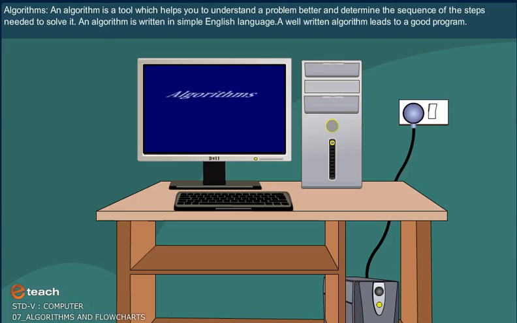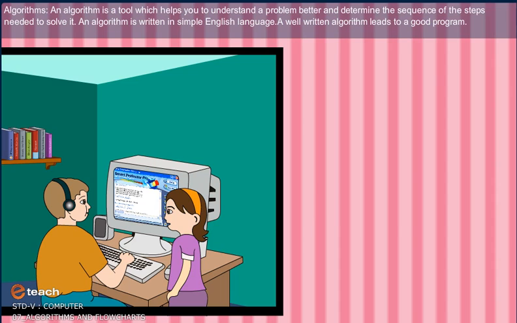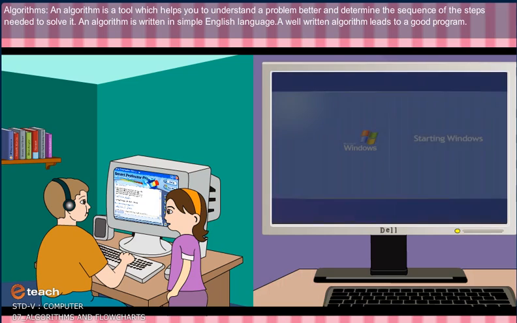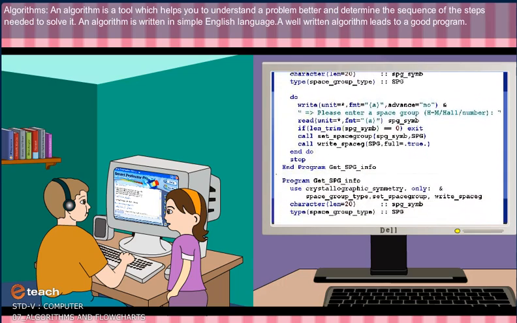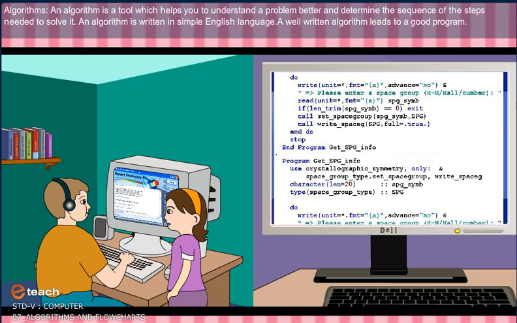Algorithms. An algorithm is a tool which helps you to understand a problem better and determine the sequence of the steps needed to solve it. An algorithm is written in simple English language. A well-written algorithm leads to a good program.